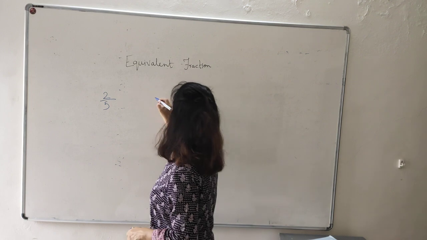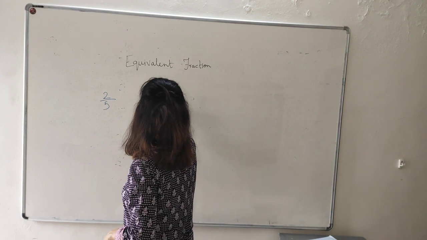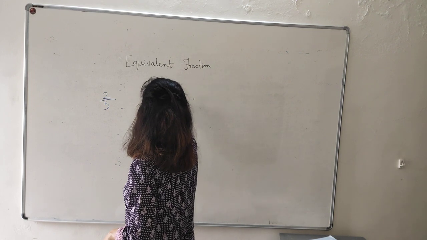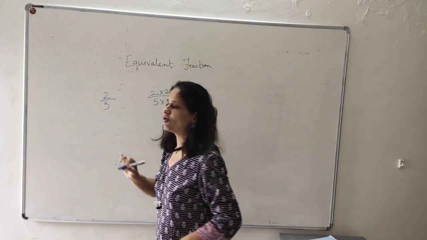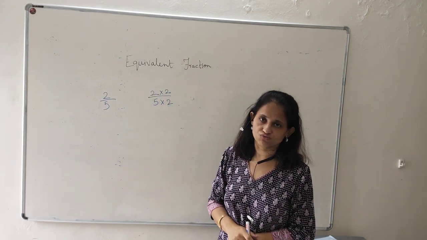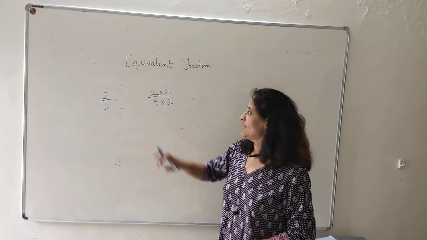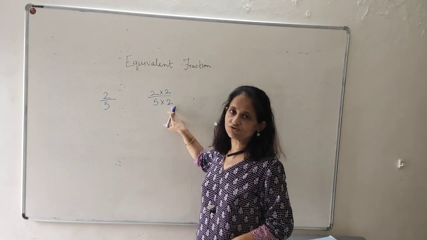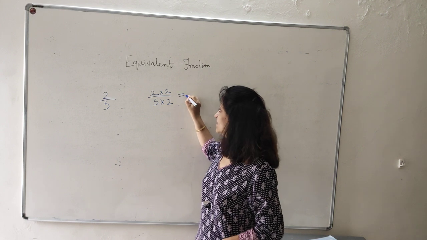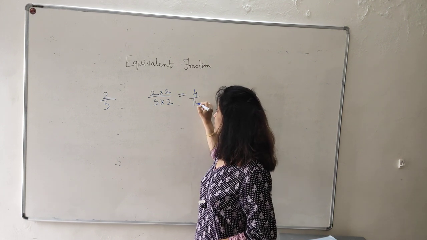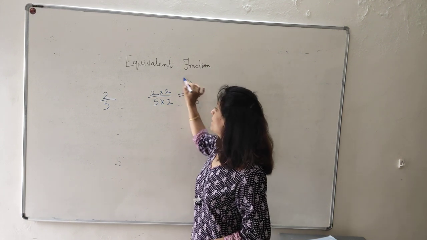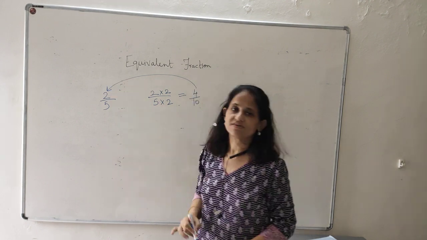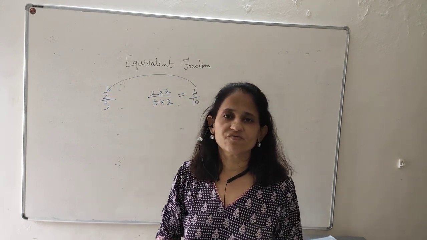If I am multiplying 2 upon 5, the numerator with 2, I have to multiply the denominator also with 2. So it will be 4 upon 10. 4 upon 10 is an equivalent fraction of 2 upon 5.